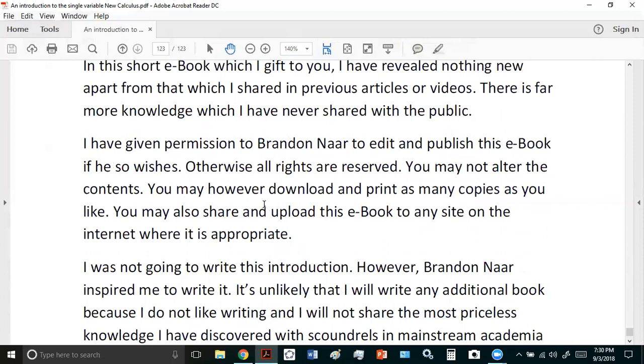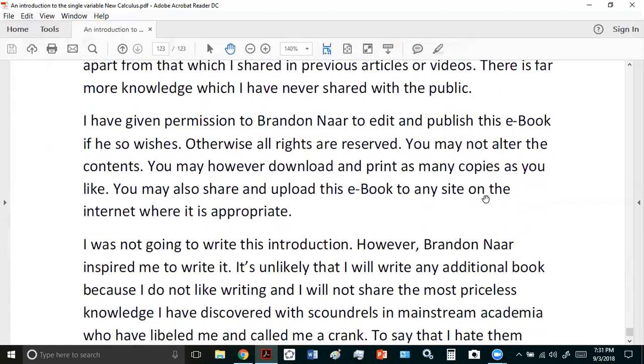You may download it, print it, make copies, even translate it into your own language. I don't mind. And you can even sell it once you've translated it, but you may not change any of the contents, okay? So I'm even allowing you to make money off it.